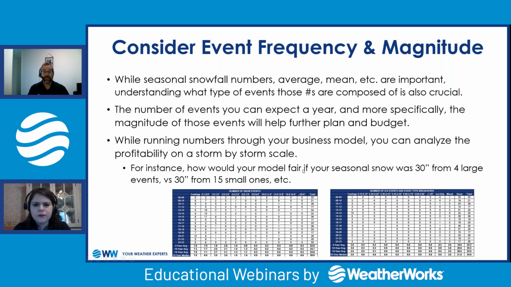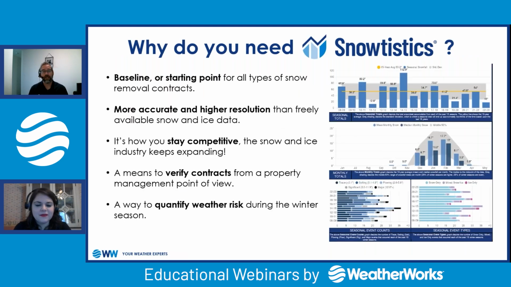All right, thanks a lot, Sherilyn, for giving us that really in-depth breakdown of Snowtistics reports and what is all included and what the benefits are. We just want to wrap up the webinar here with, again, why do you need a product like Snowtistics and Snow Climatologies? It's a baseline or starting point for all types of snow removal contracts, not just one kind. It works for every single one. It's more accurate, with higher resolution than some of the freely available data out there.